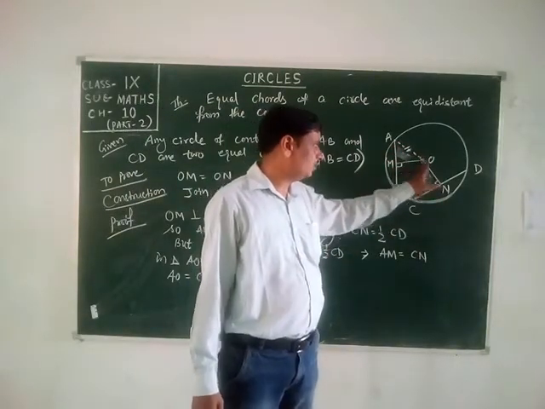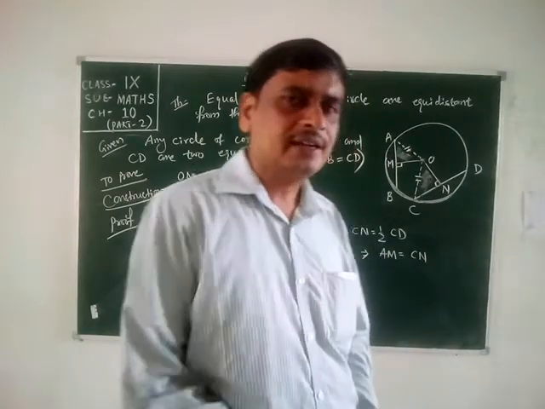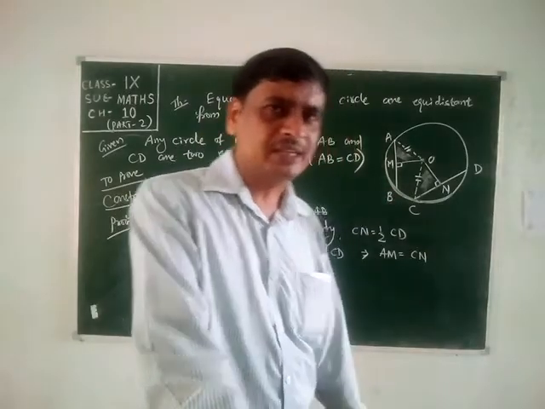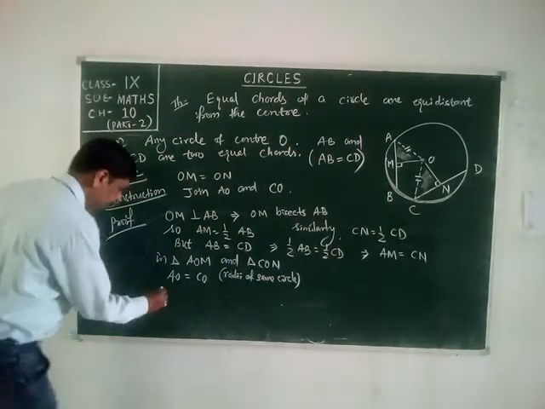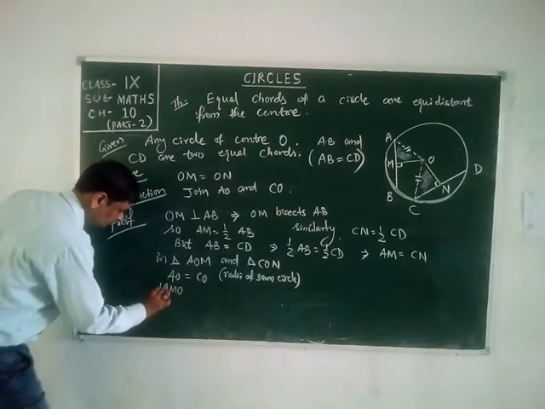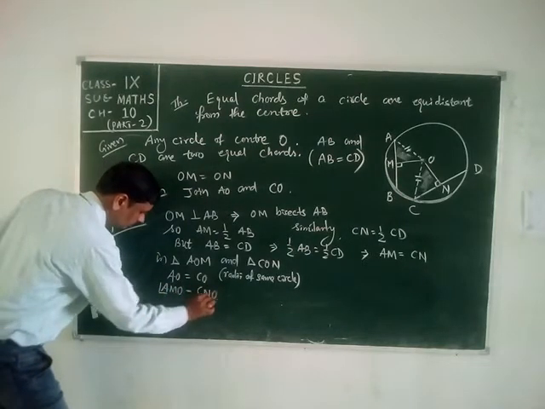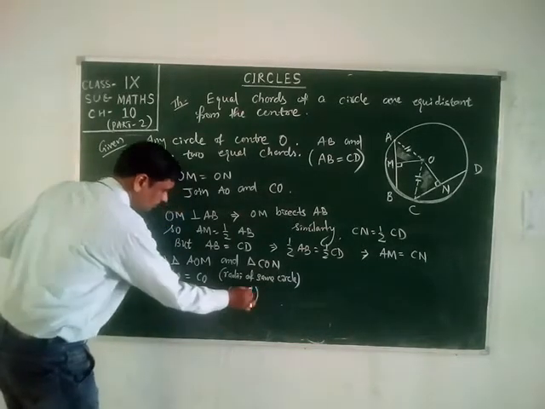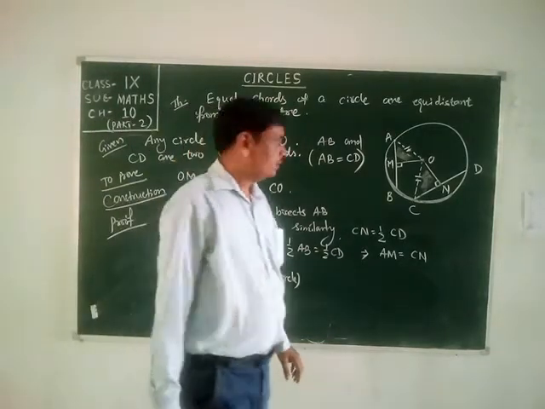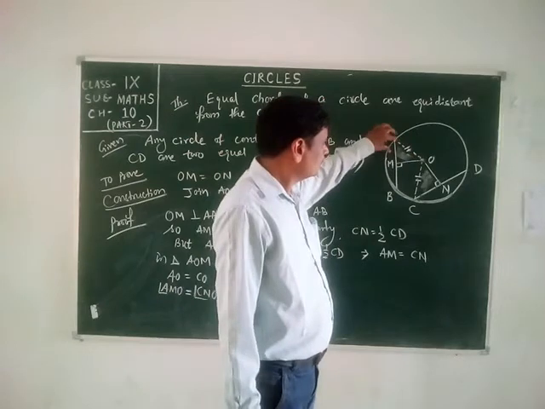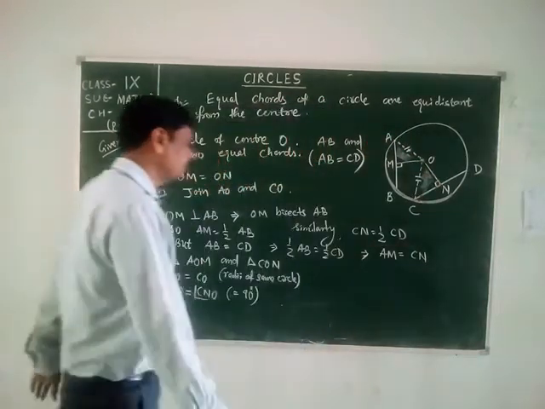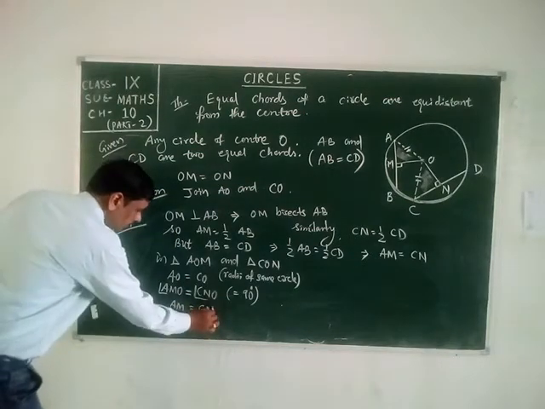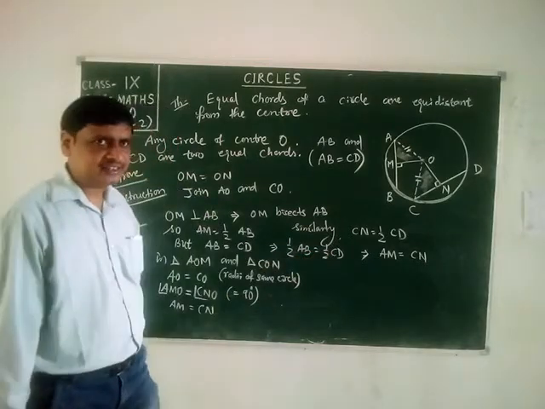Angles AMO and CNO both are equal to 90 degrees because OM is perpendicular on AB and ON is perpendicular on CD. And this AM and CN are equal, as proved.